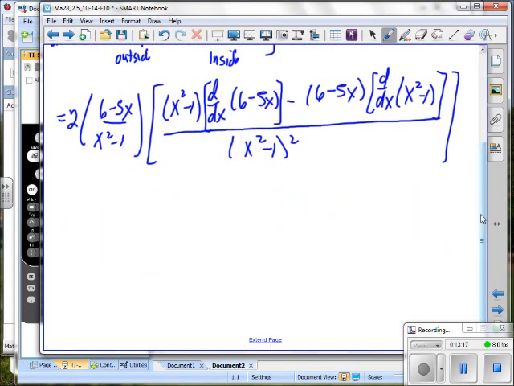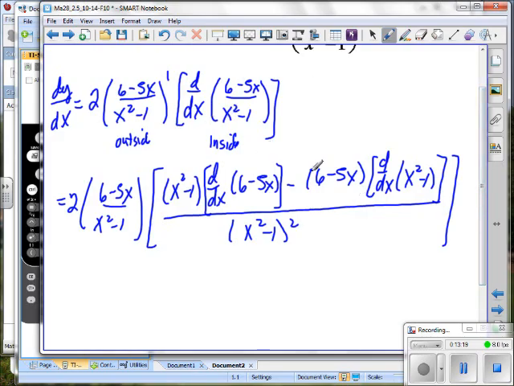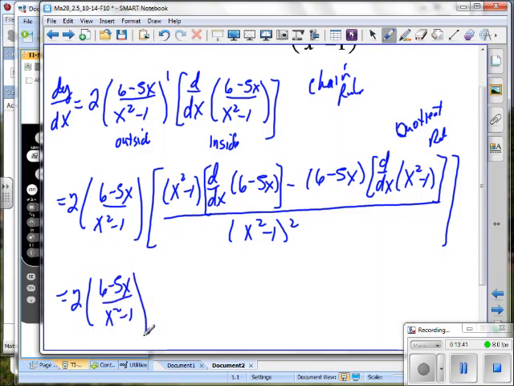Okay, so in our work, we have 2 lines of showing the derivatives. One is showing the chain rule, so this is showing the derivatives for the chain rule, and then this one is showing the derivatives for the quotient rule. Keep my eye on that clock down there. Okay, so we've got 2 times the quantity 6 minus 5x divided by x squared minus 1, times x squared minus 1.